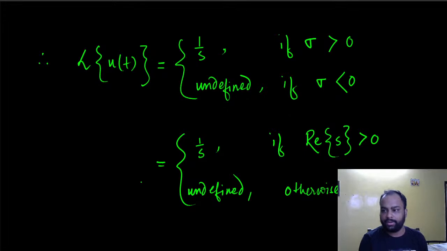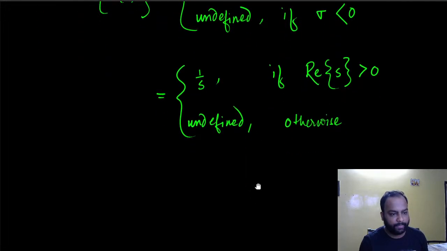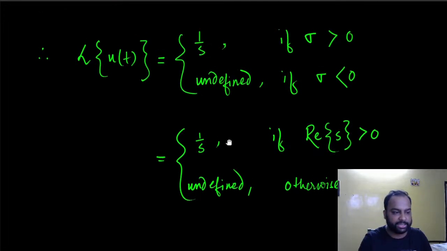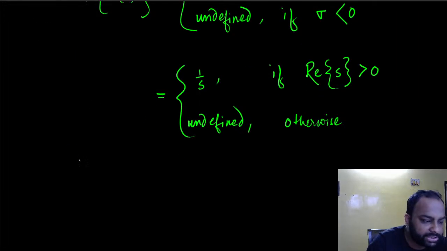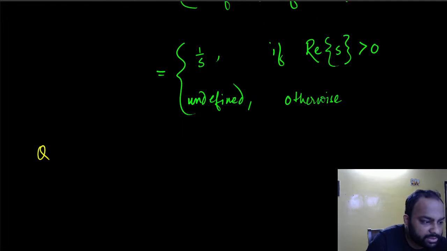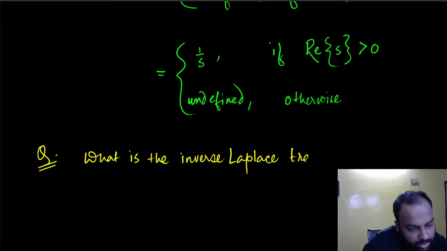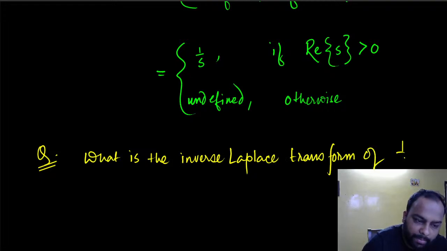Got it, right? Now, why am I telling this? Because there are certain things that you would need to understand about this. With that said, what if I ask you just the opposite question? My question is, what is the inverse Laplace transform of 1 by s?